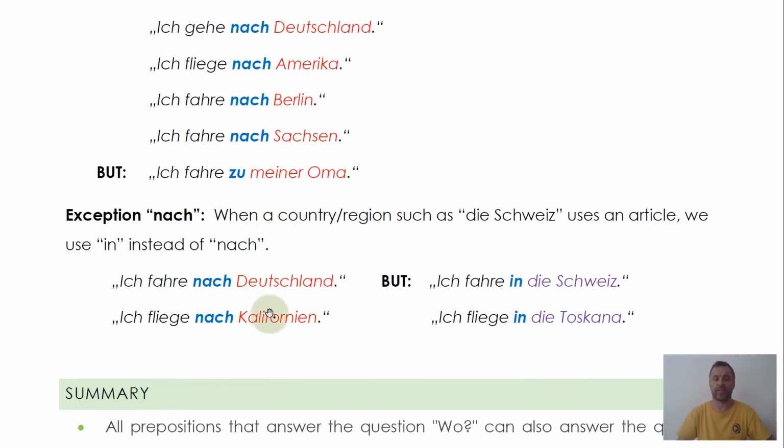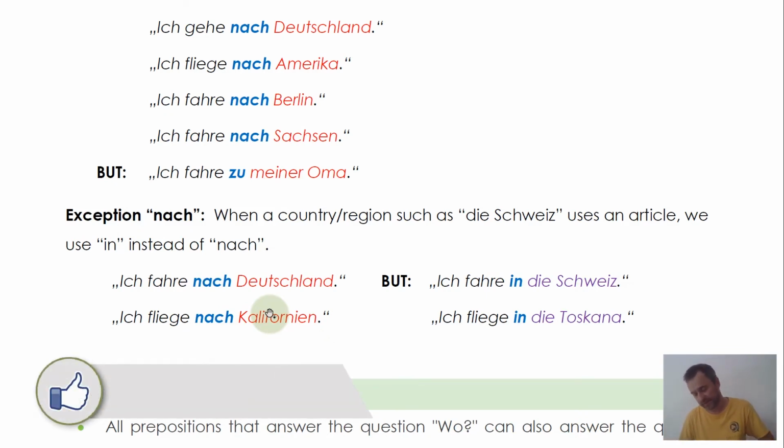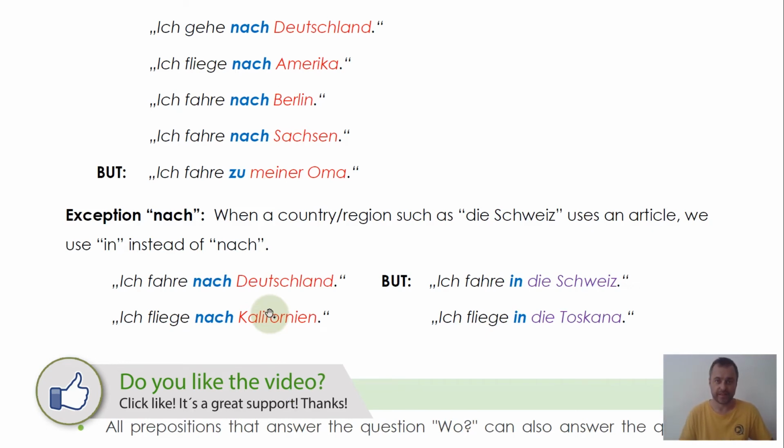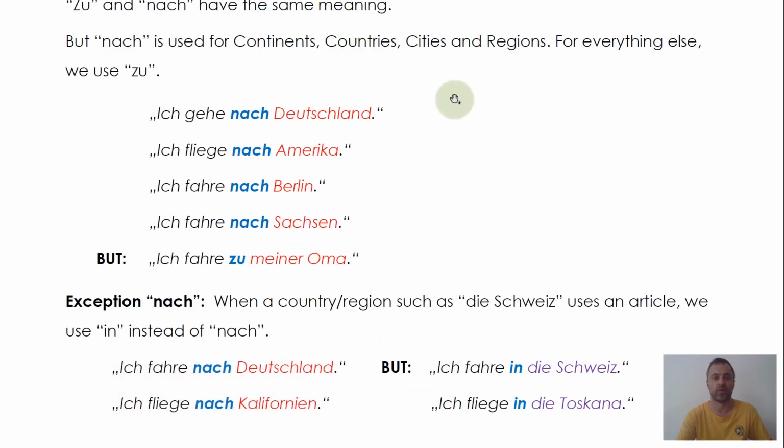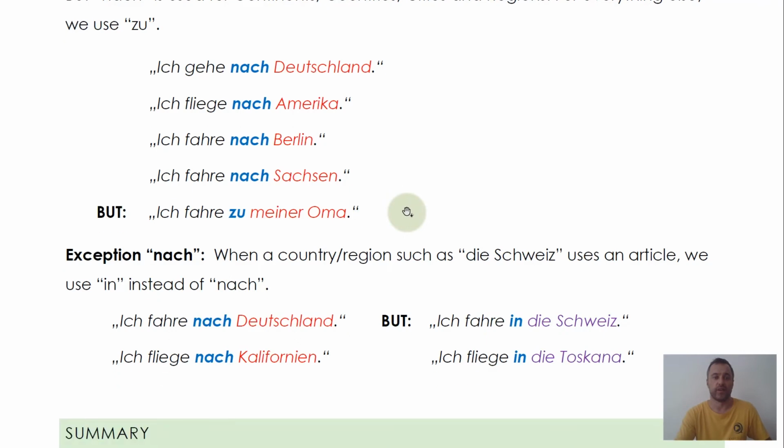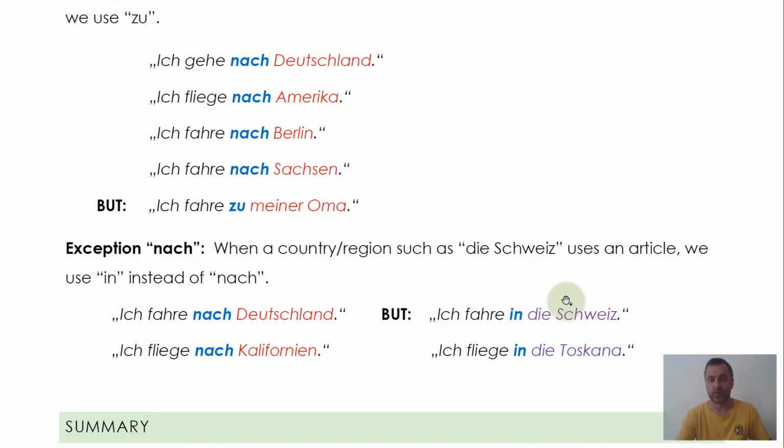So as a summary, if we are focusing on entering something, going inside, use in. If we are focusing on going somewhere and not focusing on inside, entering, use zu, except it's a continent, country, city, or region. That you have to use nach, except we use an article in front, which is rare.